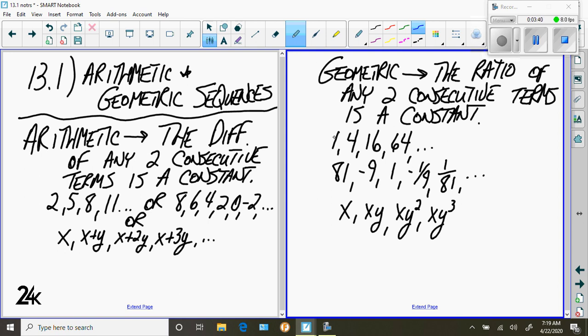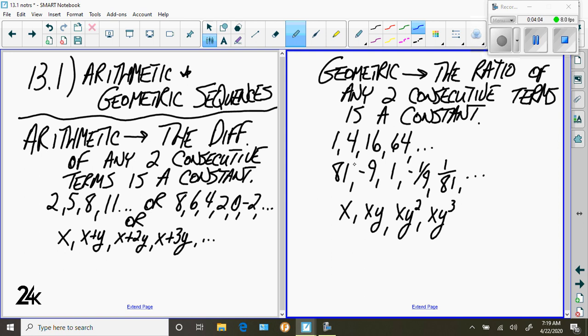So if you look at this one, it goes 1, 4, 16, 64. All I did on that was multiply by 4, multiply by 4, multiply by 4. Oh, okay. That's a geometric sequence. If you look at the one right below it, 81, negative 9, 1, negative 1 ninth, 1 81st.